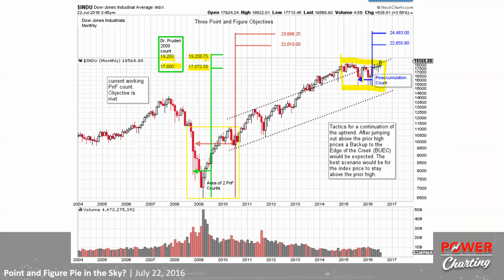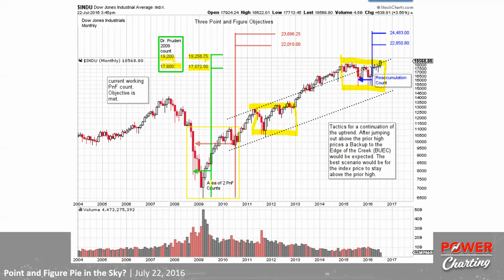So interesting. Well, now this is the second turn that occurred in this bull run. Here is the first turn right here, which we one day may do an analysis for a blog on. But at this point, we want to focus on this, and look what happened. This gave us a point and figure count, which we're going to look at in a second, for higher prices.